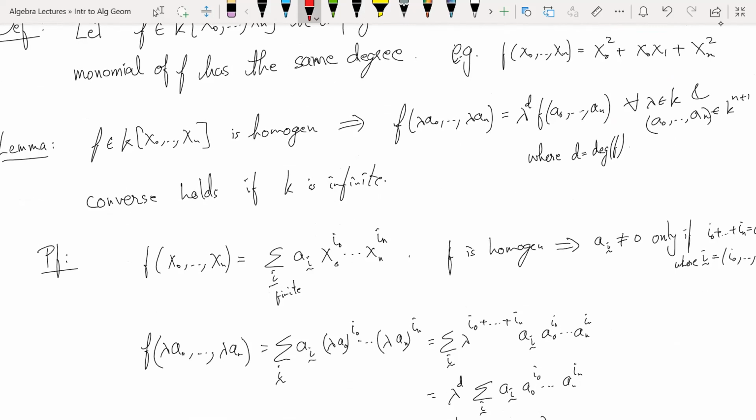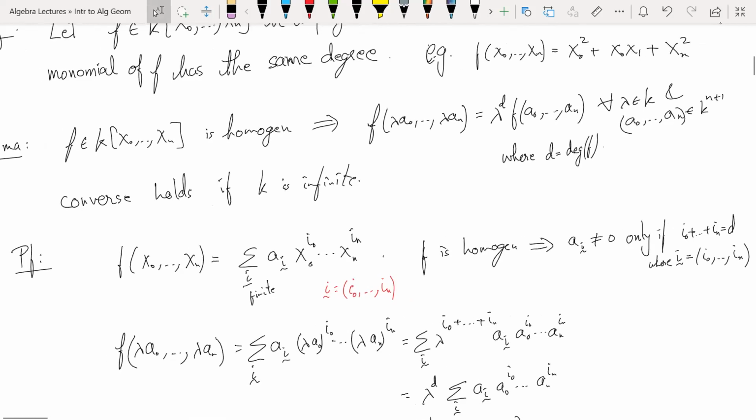It is homogeneous means a_I will be non-zero only if I_0 plus I_1 up to I_n is equal to d, where I here is the vector (I_0, ..., I_n) and d is the degree of the polynomial f.